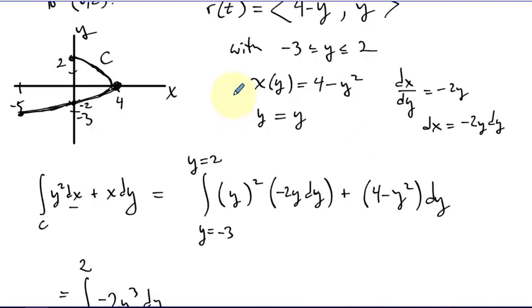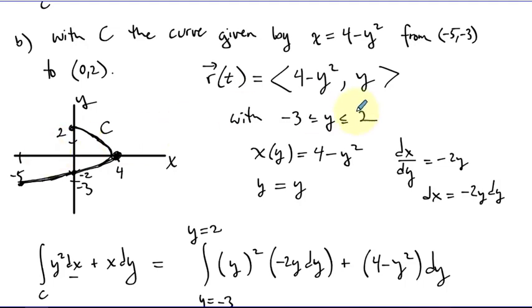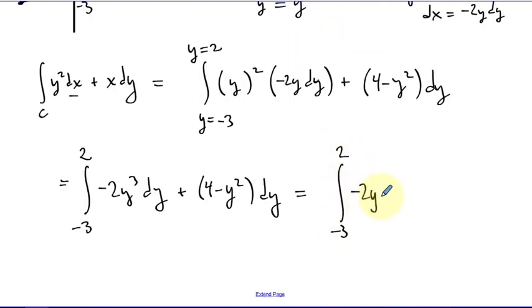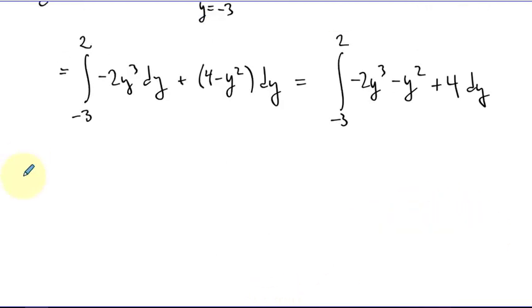Depending on the curve, if you can isolate one of the variables, that suggests a way in which you could parameterize the curve. Then there's the dy and finding an antiderivative. I'm going to plug in the bounds, and it's all calc 1 here.